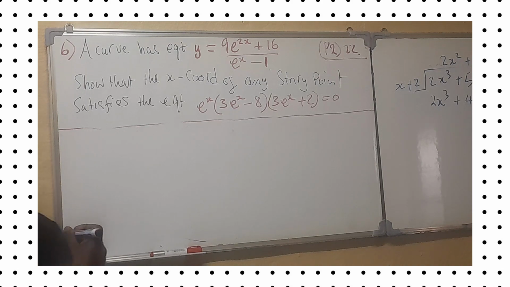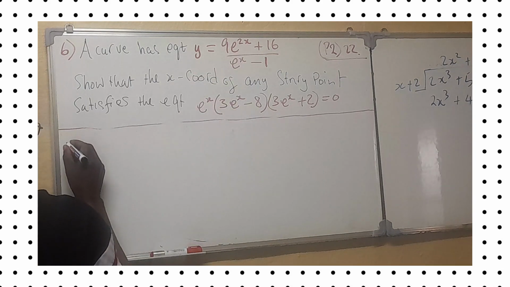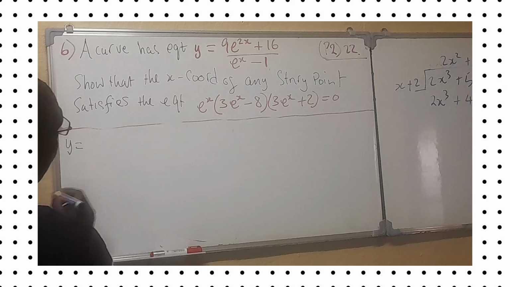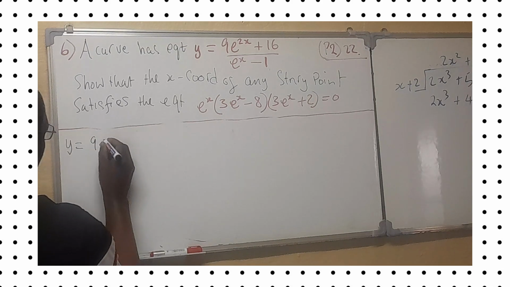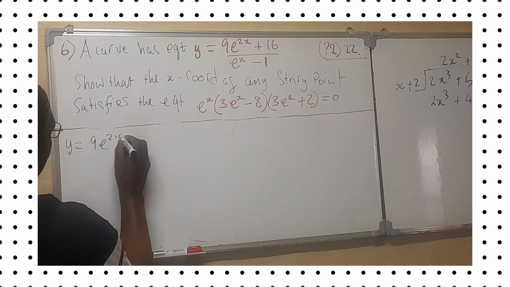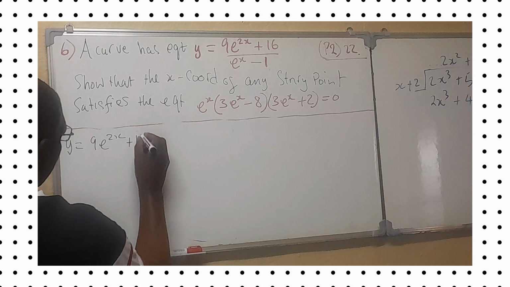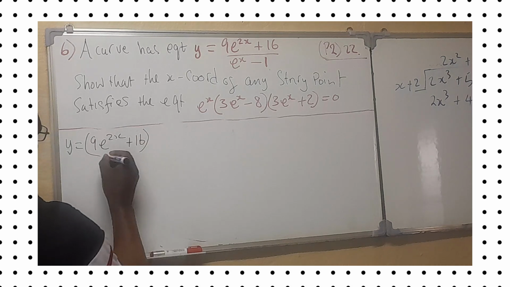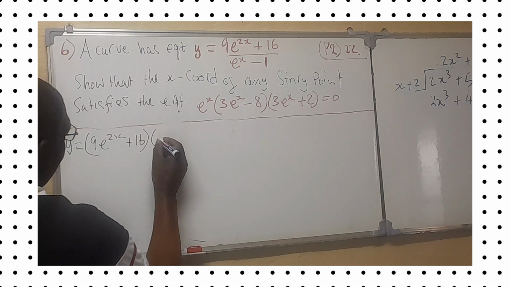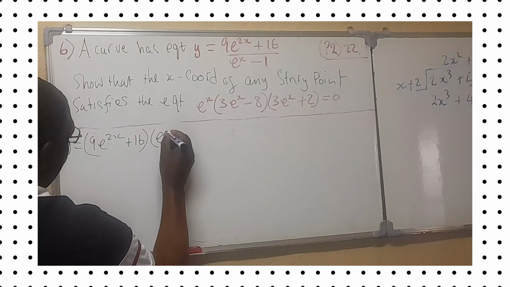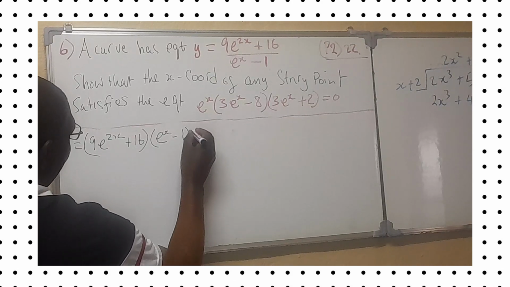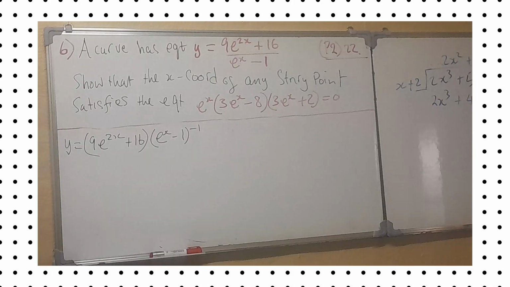All right, so I'm going to write this as y is equal to (9e^(2x) + 16) bracket, again (e^x - 1) raised to the power minus 1. What have I done?